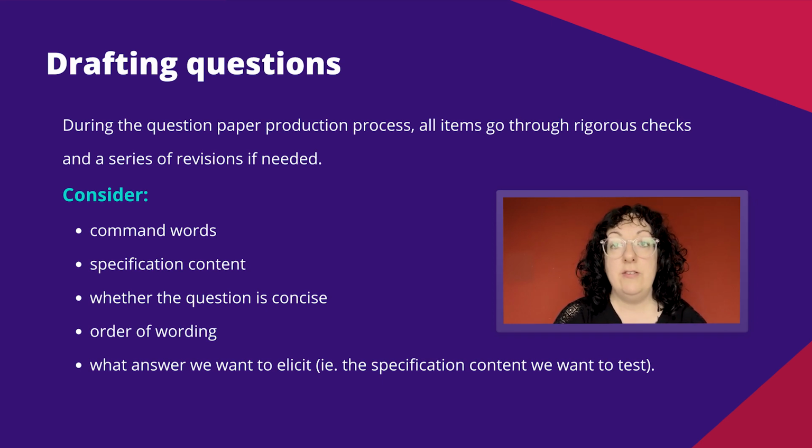Our teams consider things including the use of command words, whether the questions relate clearly to specification content. Checks might also ask things such as, is the question concise? Could the order of the wording be improved? What answer do we actually want to elicit from the students? In other words, which part of the spec content are we wanting to test them on?